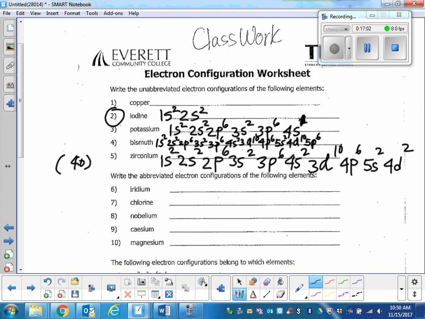Are you with me, all of you? I need you to be paying careful attention. So I finished 5p6. Is that right? After 5p6, it is 6s2. You can write that also. Write 6s2. But here is the problem.